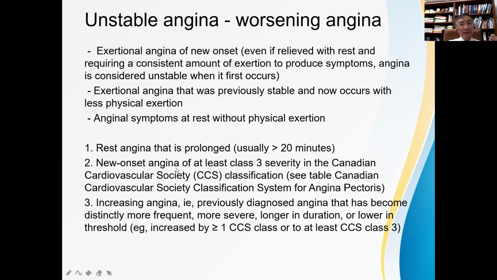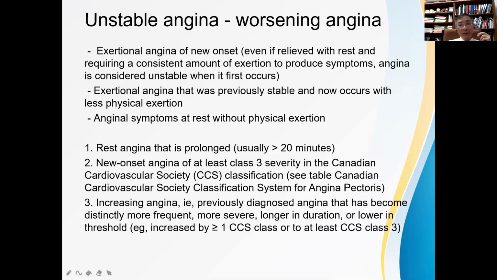A more detailed classification of unstable angina says that it should be angina at rest that is prolonged, longer than 20 minutes, that it is not just new onset angina, but it is at least class 3 severity by the Canadian Cardiovascular Society classification, which means that it is angina felt with normal physical activity. Then, new angina that is at least class 3 is a worry about being unstable angina.